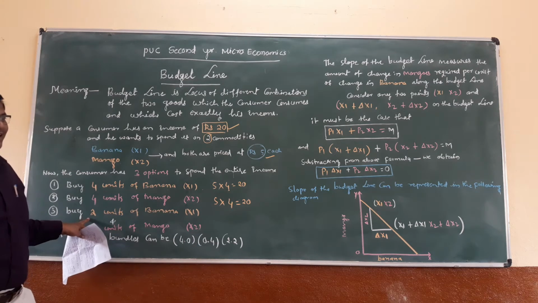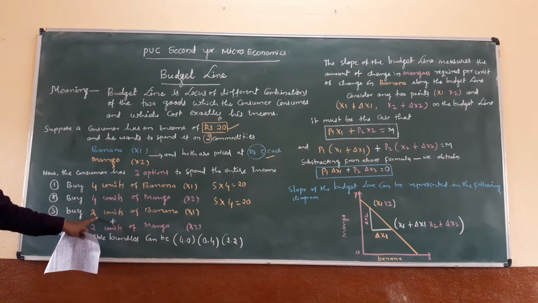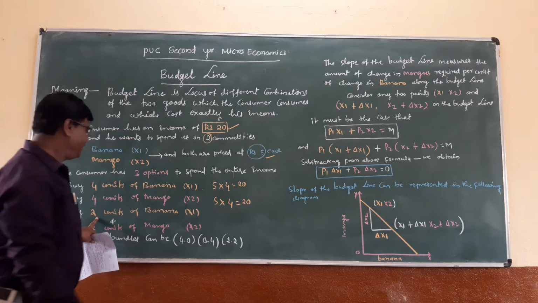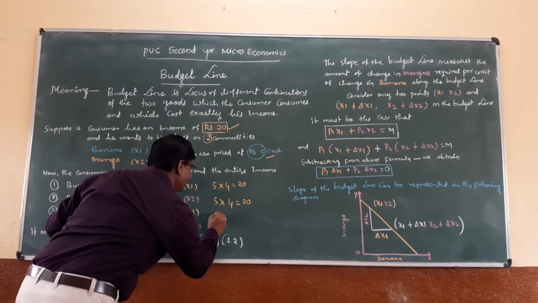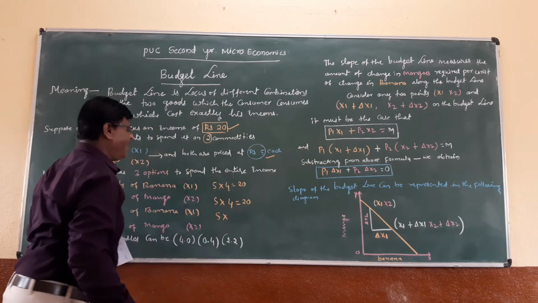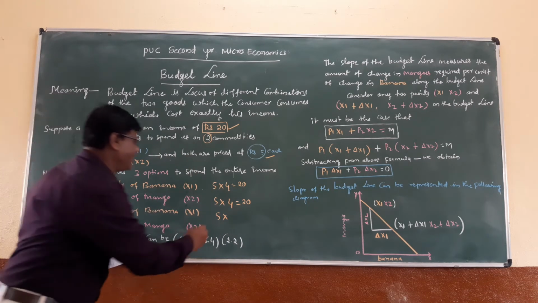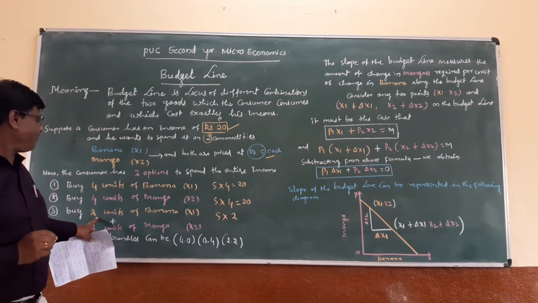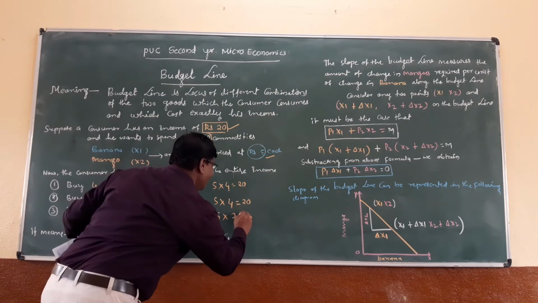And another option is buying 2 units of banana, that is X1. Each banana is 5, and he buys 2 units, 5 into 2 is equal to 10.